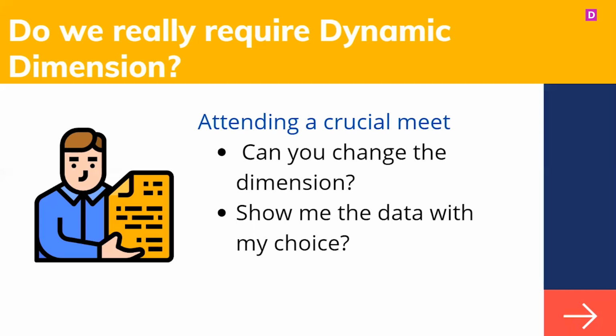At that point of time, someone stops you in the middle of the presentation and asks you to show the least 10. Okay, so if you have to show the least 10 at that point of time, obviously what we need to do is some kind of modification with respect to the data, right? So what they are expecting is that in terms of a dimension, they wanted to make some changes.